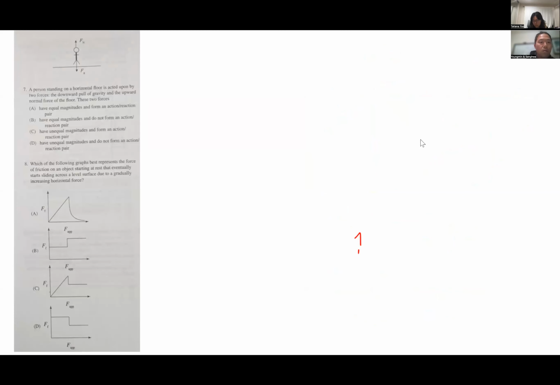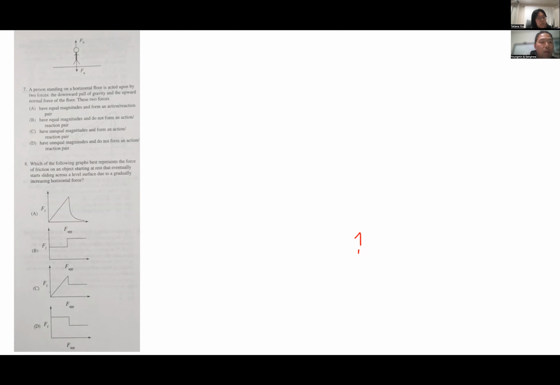Okay. Now hopefully you can actually see this screen. So the person standing on the horizontal floor is acted upon by two forces: the downward pull of gravity and the upward normal force of the floor. These two forces: A, have equal magnitude and form an action and reaction pair.